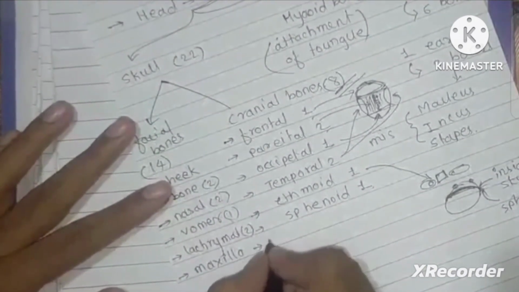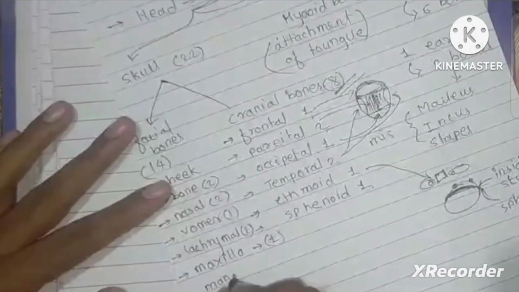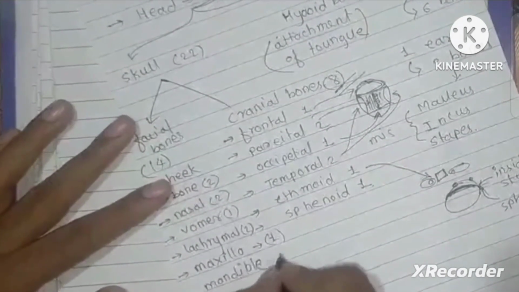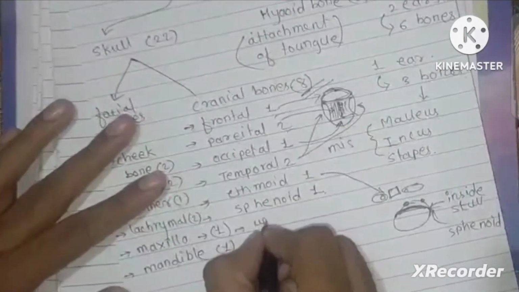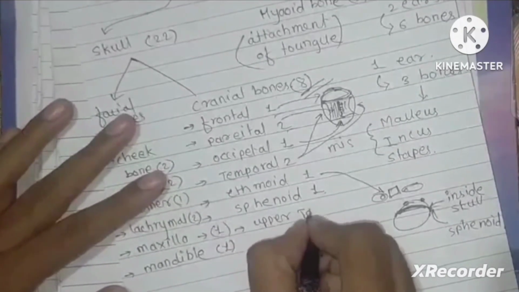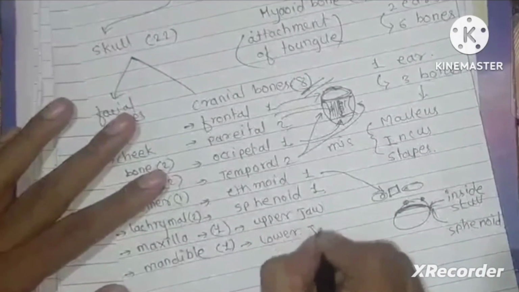Two lacrimal bones, maxilla and mandible, and 2 palatine bones, mandible 1. As you can see, maxilla is upper jaw while mandible covers lower jaw.